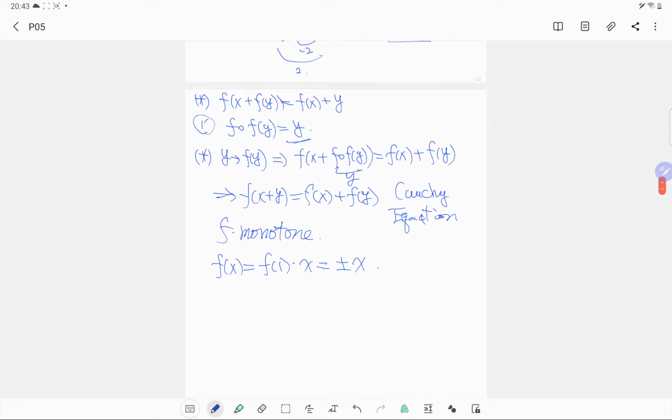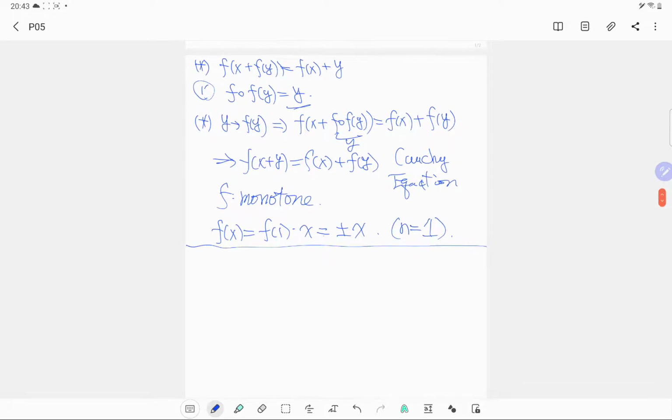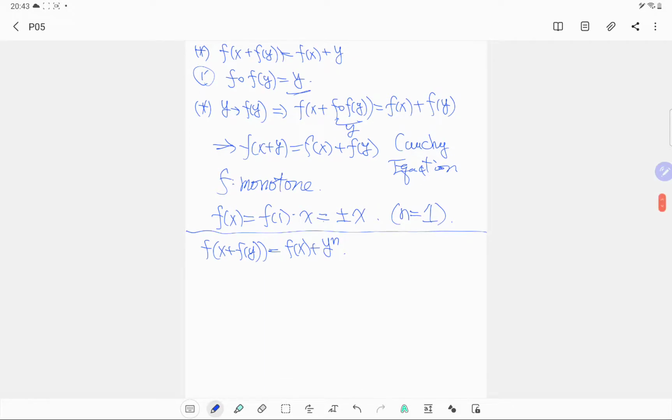So let's check, and here n is 1. For n to be any other value, there will not be any solution. So let's double check f of x plus f of y equals f of x plus y to the nth power.